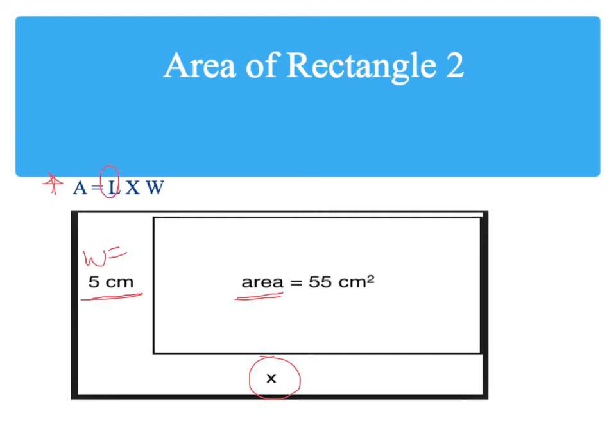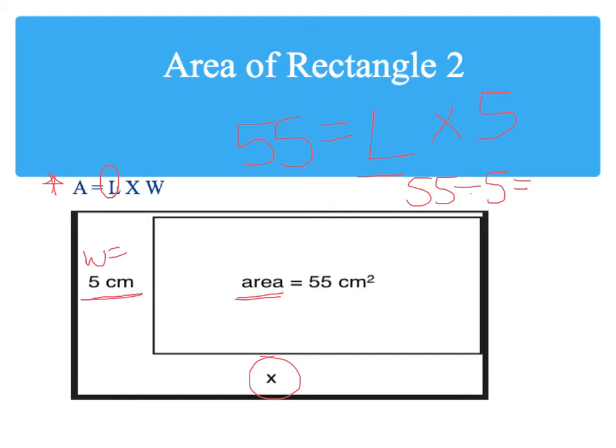So if I take my area and I plug that in, 55, and I say that equals the length, which is missing, times 5, basically I have to figure out what times 5 will give me 55. I could also say 55 divided by 5 equals what I'm looking for.